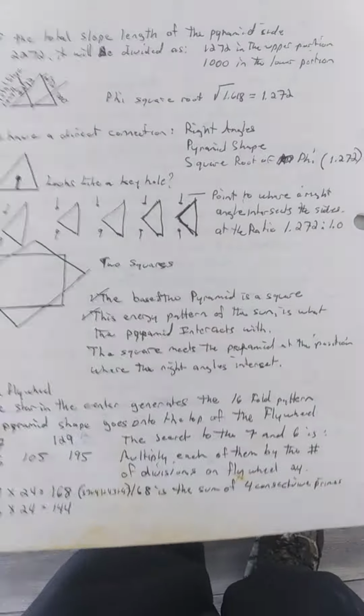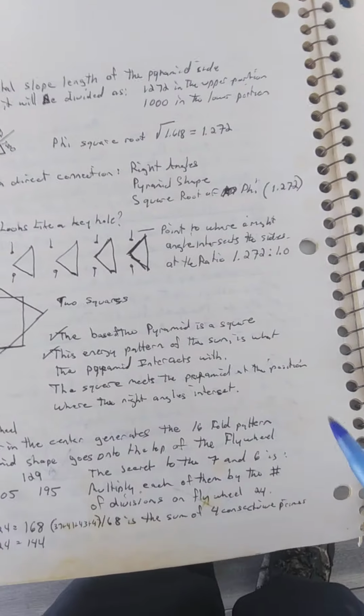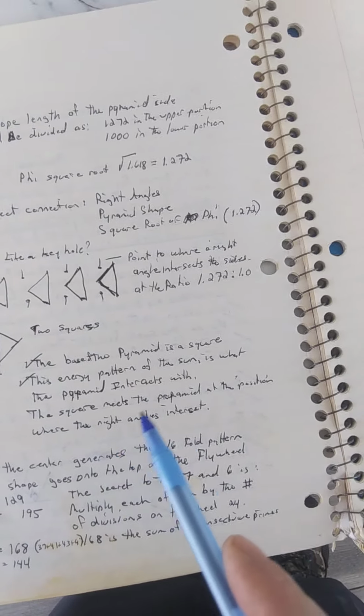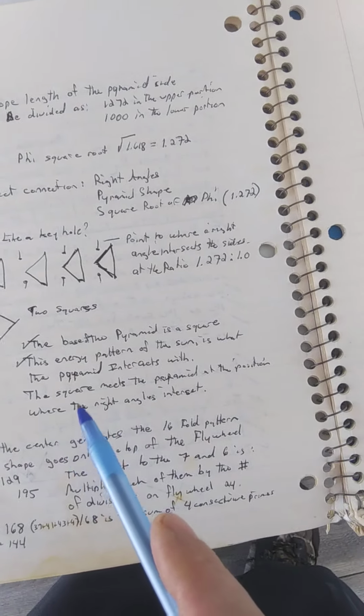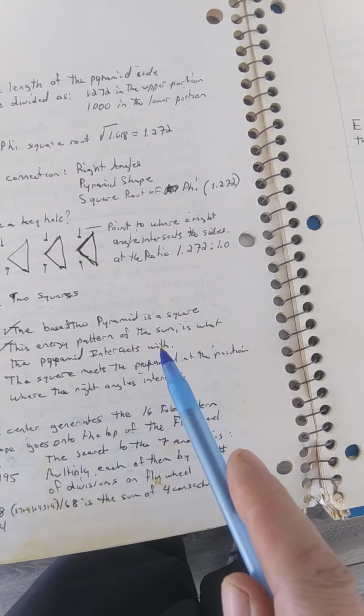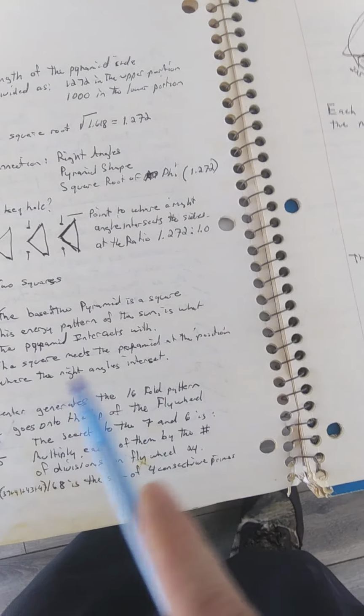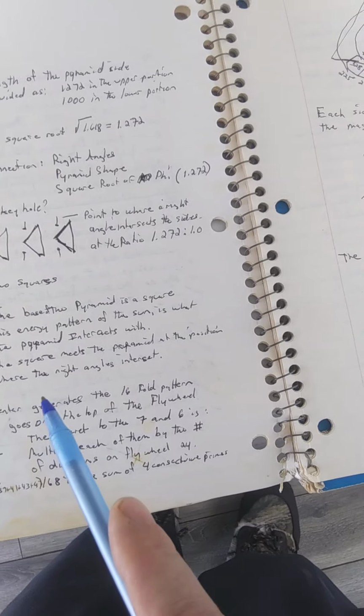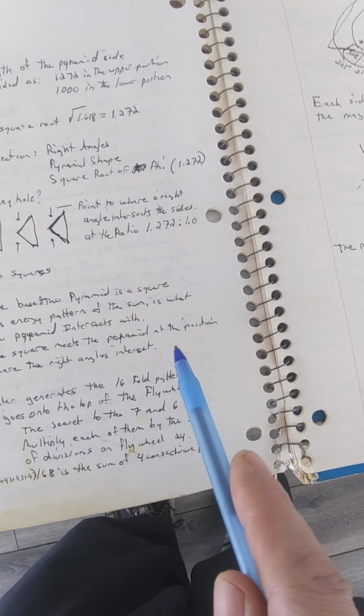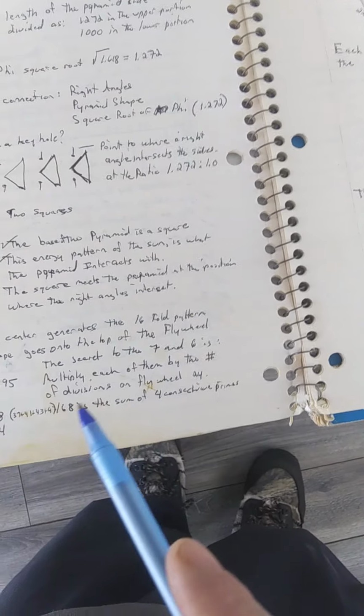Okay, so with the two squares, the base of the pyramid is a square, and this energy pattern deals with the sun. This is what the pyramid interacts with. The square meets the pyramid at the position where the right angles intersect.